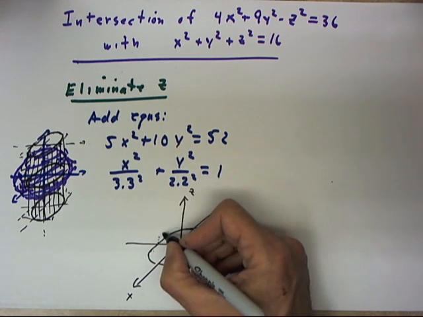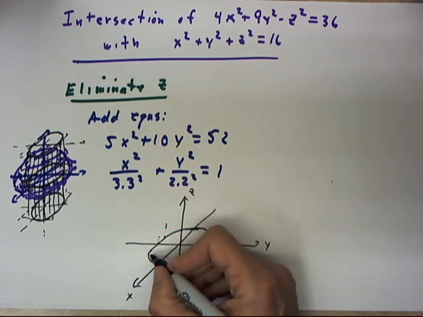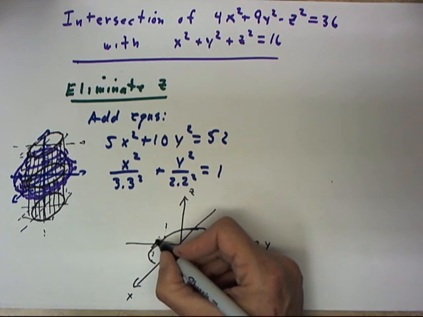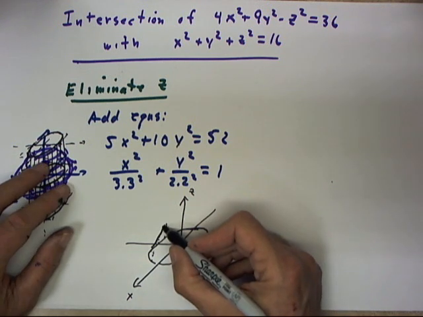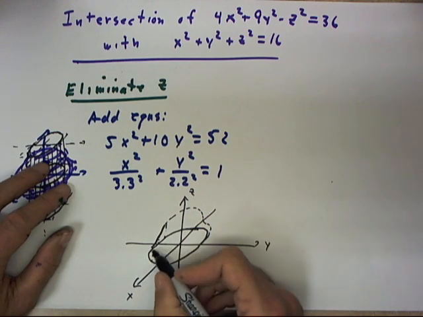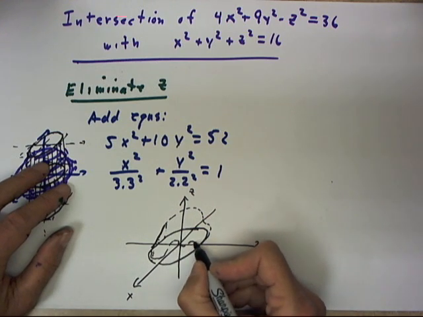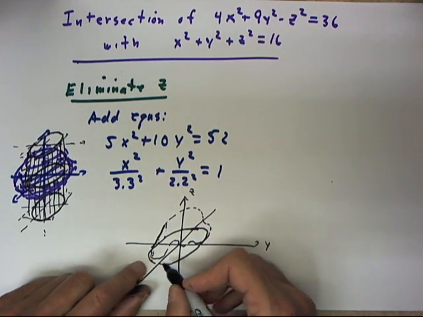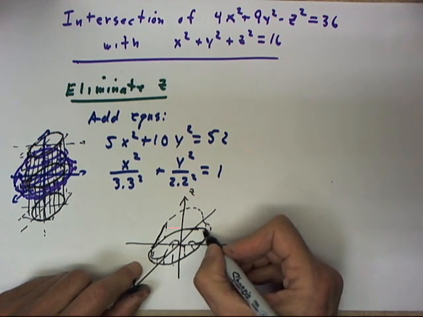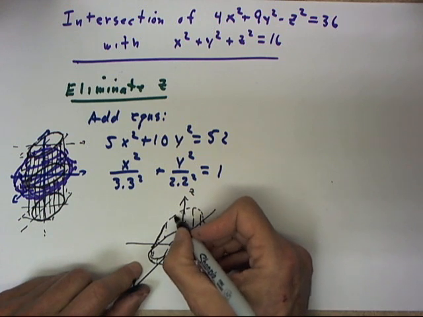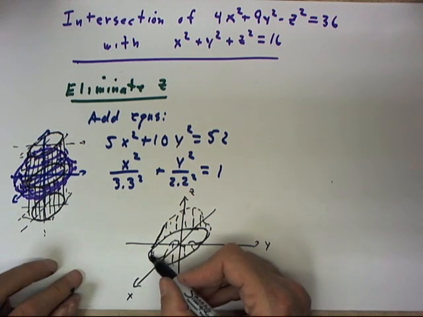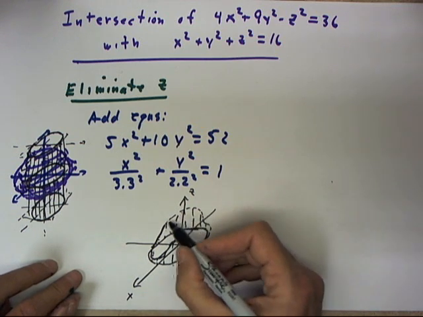At each point above the ellipse, there's some point where we intersect this curve. We don't know what it looks like; I'm just drawing a general curve. We don't really know how it goes, but it lies above the ellipse in the XZ plane. So we can imagine some sort of a curve up here.